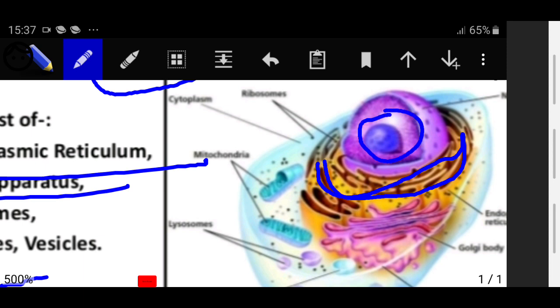The nucleus is a double membrane structure, and it has nuclear pores also. From the nuclear membrane, the endoplasmic reticulum rises. The black dots you are observing are the ribosomes. When ribosomes are present on the endoplasmic reticulum, it is the rough endoplasmic reticulum, which is responsible for the synthesis of proteins, right?